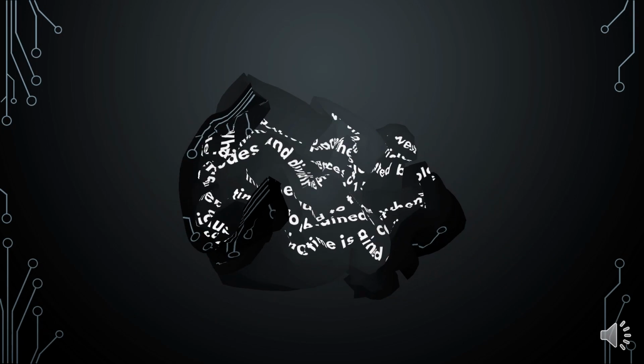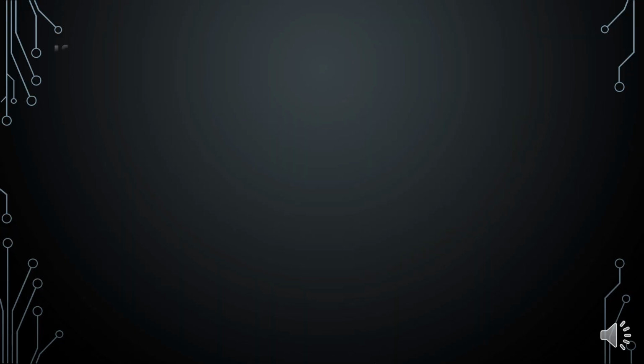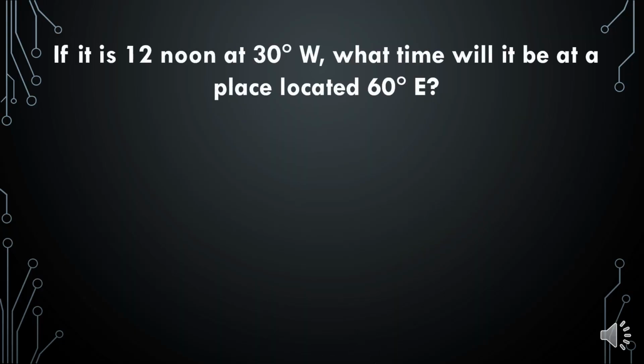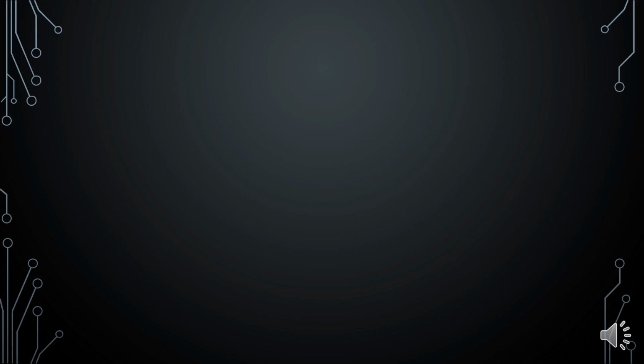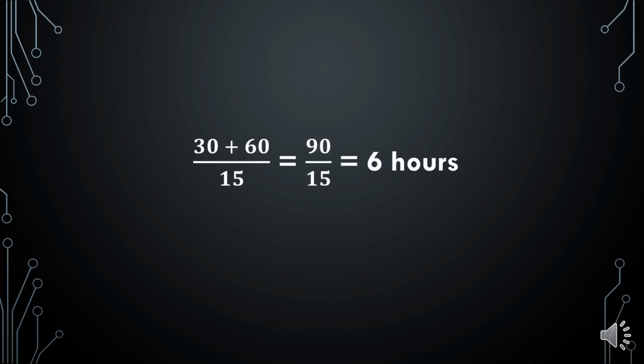So let's see how it goes with this one. If it is 12 noon at 30 degrees west, what time will it be at a location or a place located at 60 degrees east? So to work out our time difference, we are going to add 60 degrees to 30 degrees all over 15.